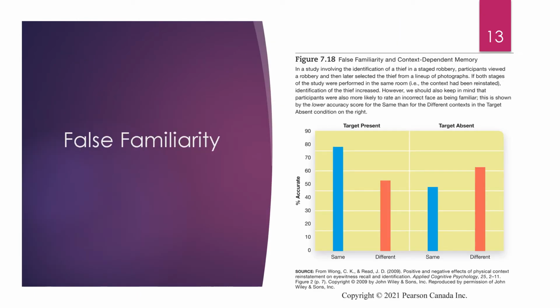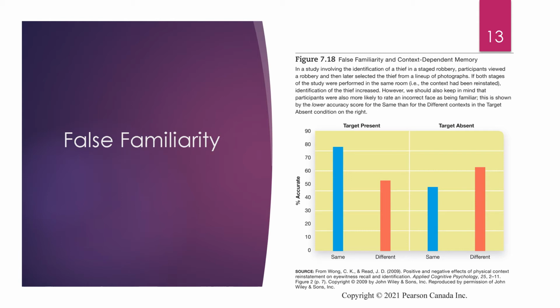So here's an example of false familiarity and how context-dependent memory can actually be a detriment at times. They did a study where you had to identify the thief in a staged robbery. They staged a robbery, got participants to view the robbery, and they later had to select the thief from a lineup of photographs.